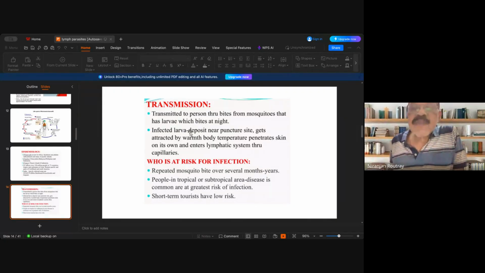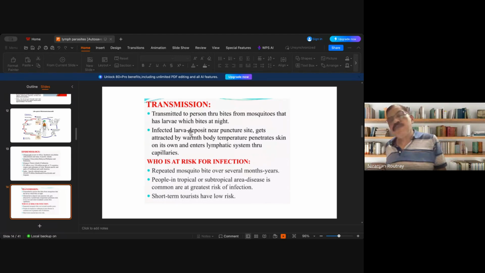Now, who is at risk for infection? The persons, of course, who are at a greater risk of mosquito bite. So, repeated mosquito bites over several months or years, because at any time, in an infested region, if the mosquito bites, you cannot ascertain that the mosquito always contains microfilaria in its salivary gland.